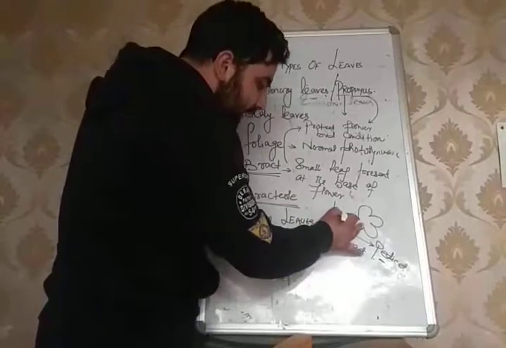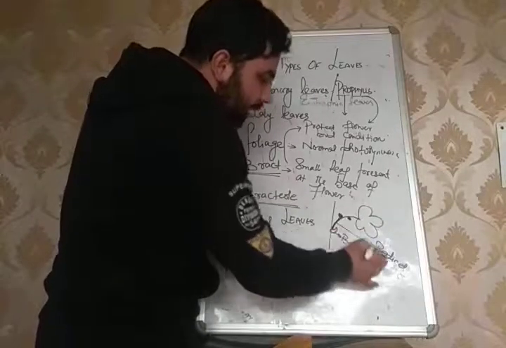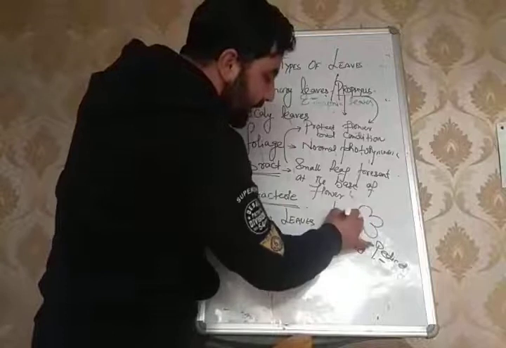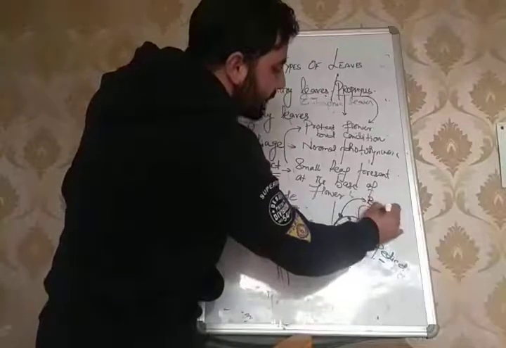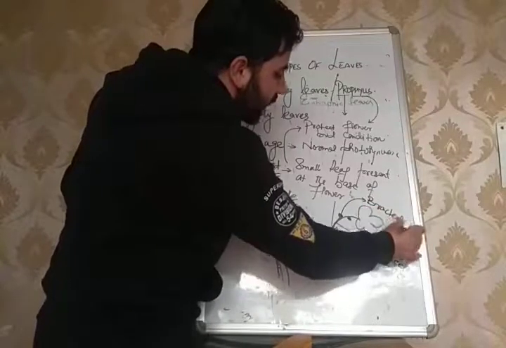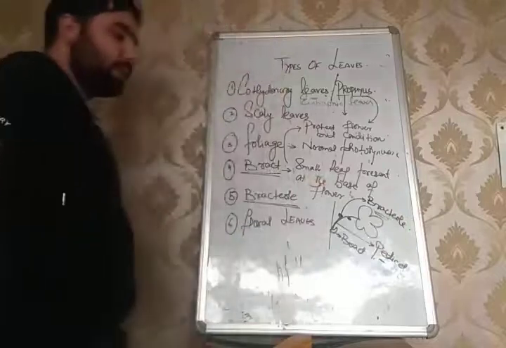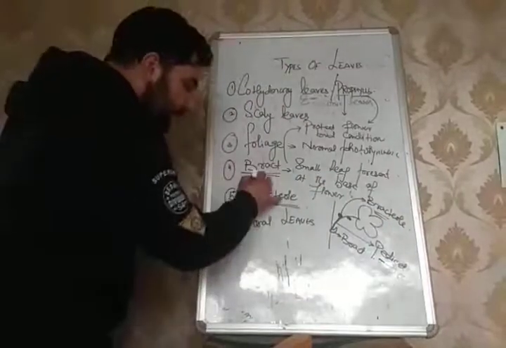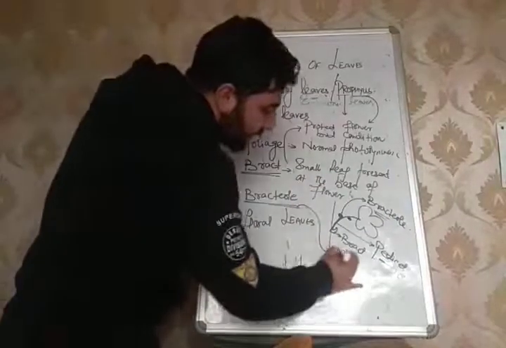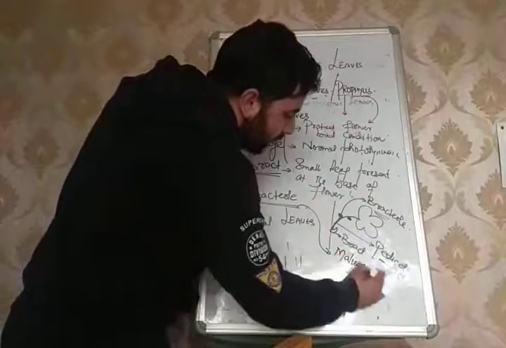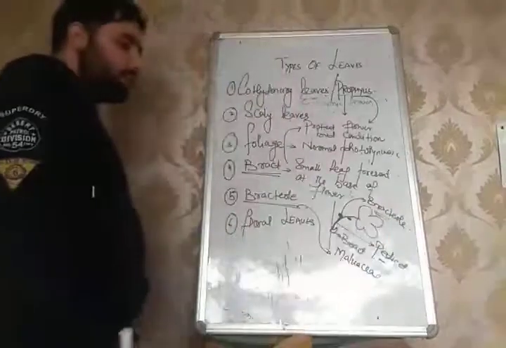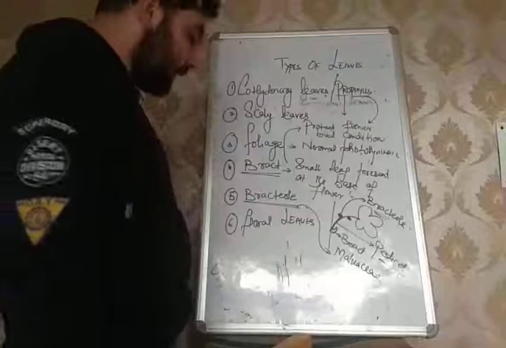Sometimes over the pedicel there are present smaller bracts. These smaller bracts over the pedicel are called bracteole. And this bracteole is present in case of family Malvaceae. Cotton family जिसको हम कहते हैं, it is present in case of family Malvaceae.